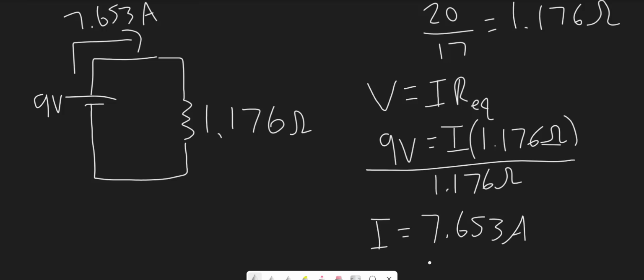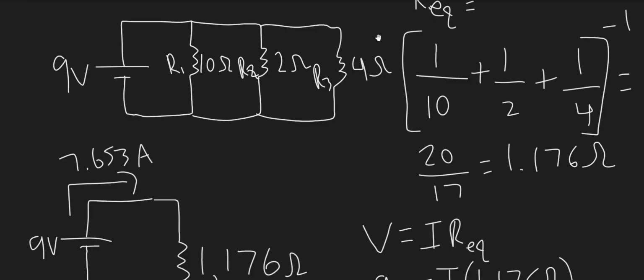And to verify that this is the right answer for the original drawing, let's actually try and calculate the voltage drop across each of these individual resistors right here. By definition, in parallel circuits, the voltage is always constant across all the electrical components, whether that be resistors, capacitors, inductors, or whatever electrical components you're dealing with. So we can use this formula here. We know that V1 is equal to I1 times R1.